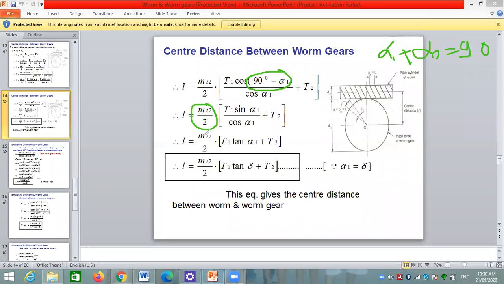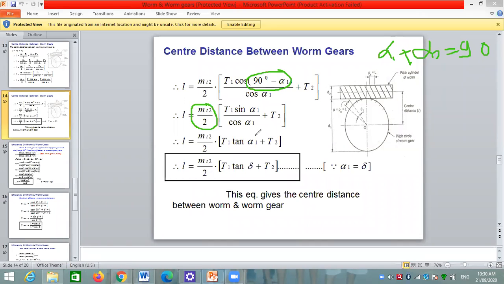Therefore, center distance is equal to MT2, the transverse module of the worm gear, divided by 2 into T1 into tan of alpha 1 plus T2, where alpha 1 is the spiral angle for a worm. Okay.